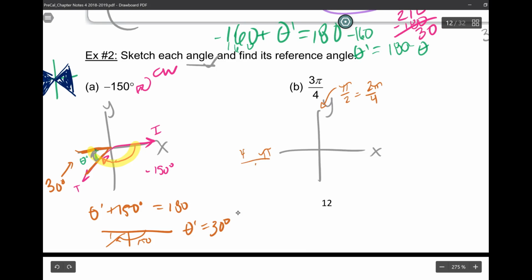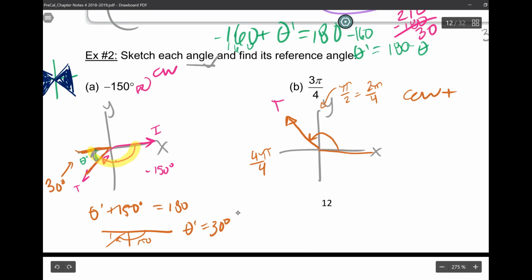So it's 4/4 pi here, and 2/4 pi here. So it's going to be right in between. And this is positive, so I go from my initial side counterclockwise since it's positive. All right, there's my terminal side.